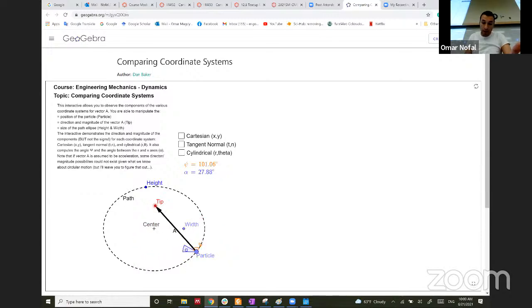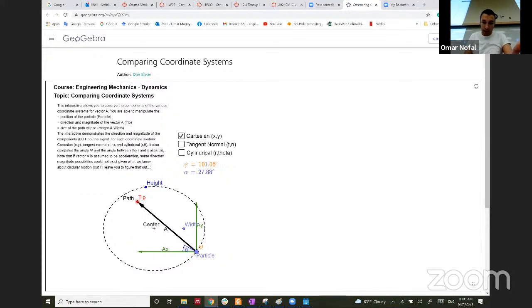If we want to do vector algebra using the Cartesian coordinate system, this is how our axes will look. It's usually in the x and y direction. It could be positive or negative, depending on the direction of the vector. So if I make it like this, the y will be 0 and all the magnitude will be in the x direction.